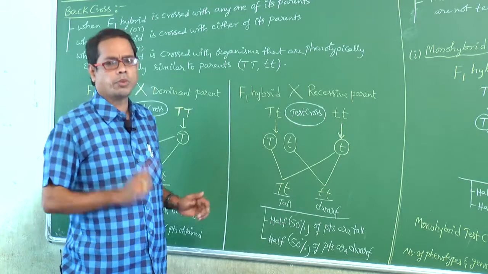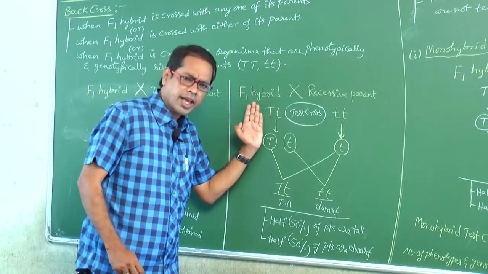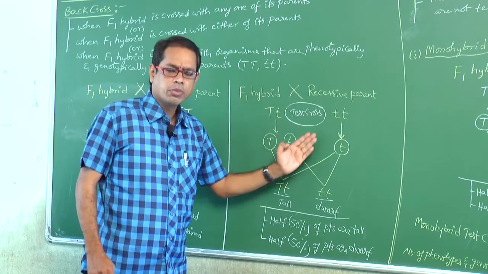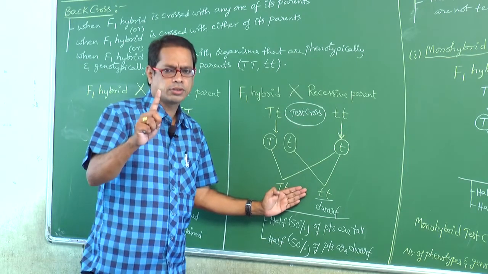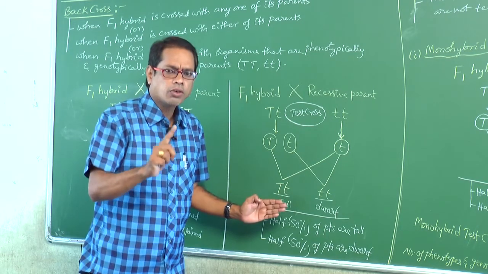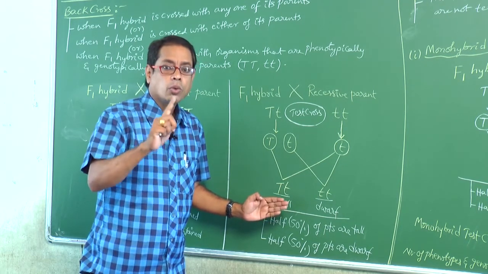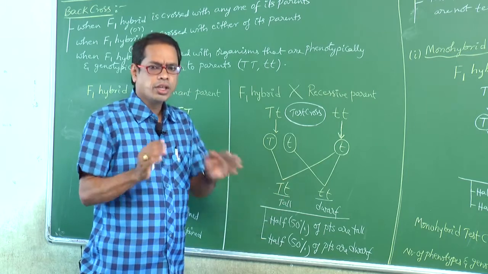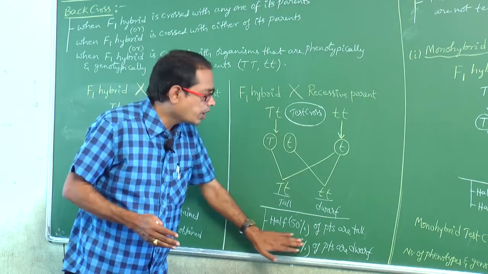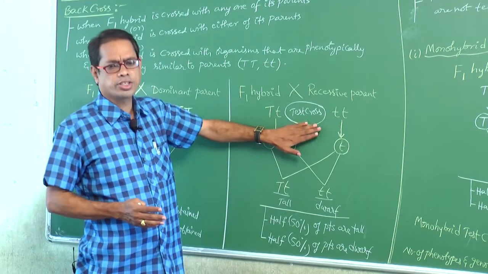This point you have to remember. When F1 hybrid is crossed with the recessive parent, number of tall plants is 1 and number of dwarf plants is 1, that is, 50% tall plants and 50% dwarf plants are obtained in this cross.